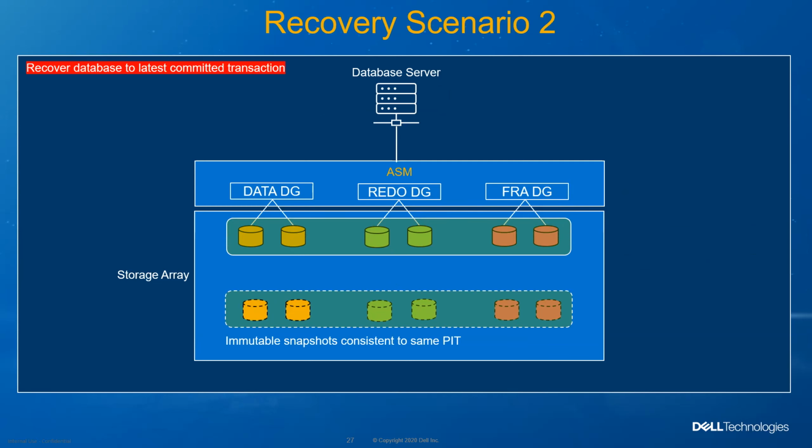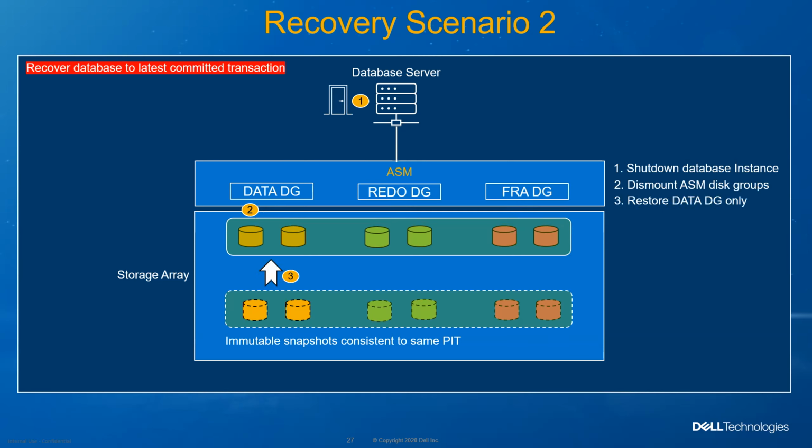And again, it's very easy to do that using storage snapshots. So you start by shutting the database down. Clearly, the database has been damaged, so there's no service available at that point. You dismount the disk groups, and in this scenario, you would only restore the data disk group because the damage is only to the data itself and not the redo stream.